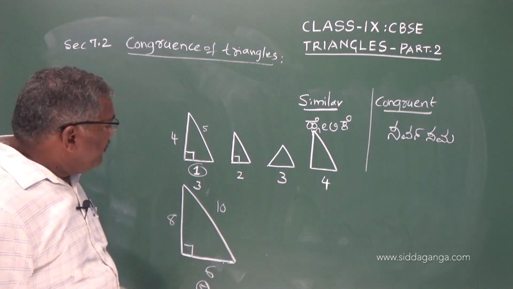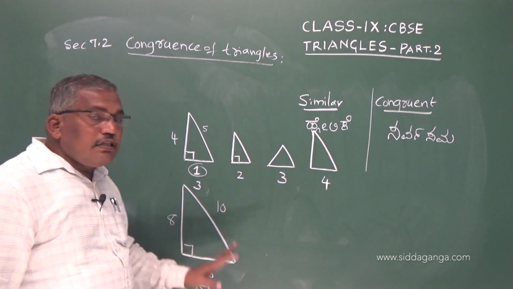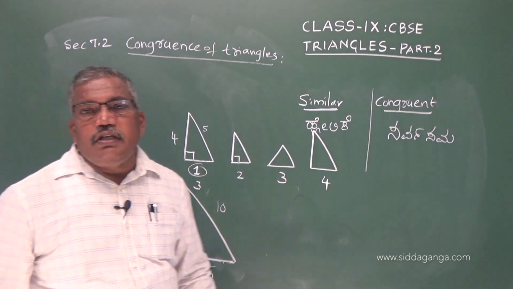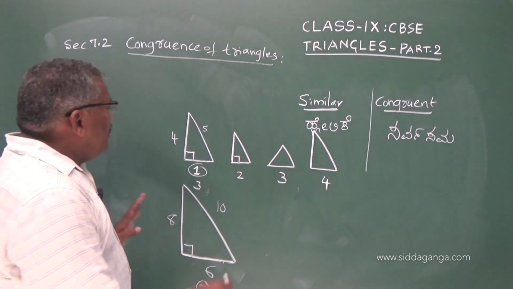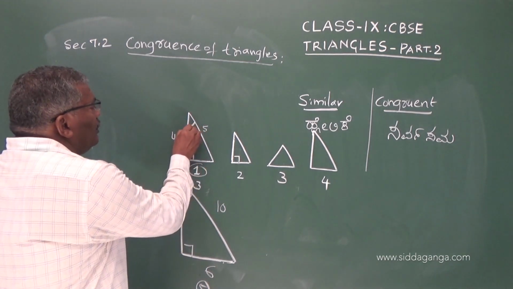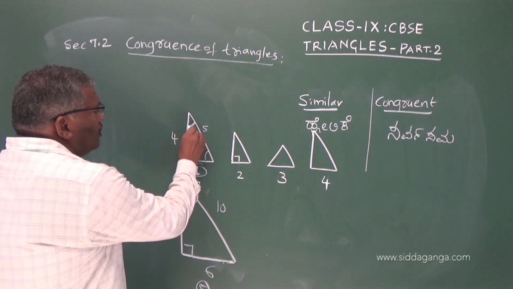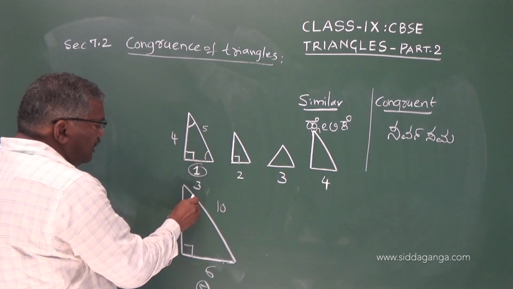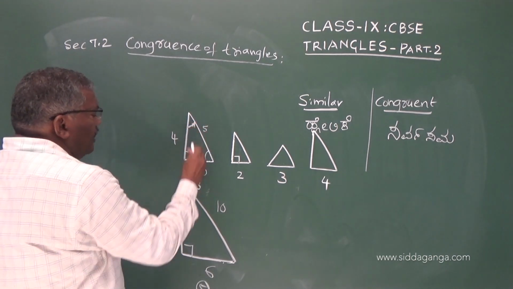So we say the corresponding sides are proportional, and the angles are congruent. This angle will be equal to this angle.